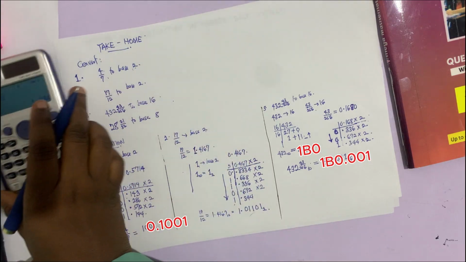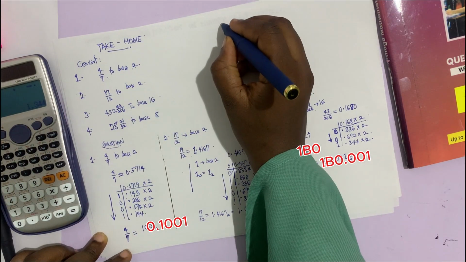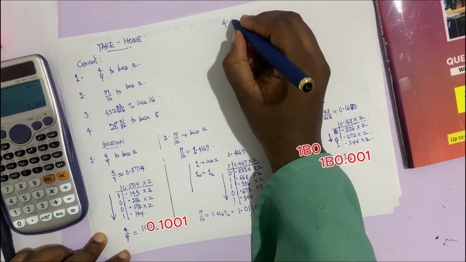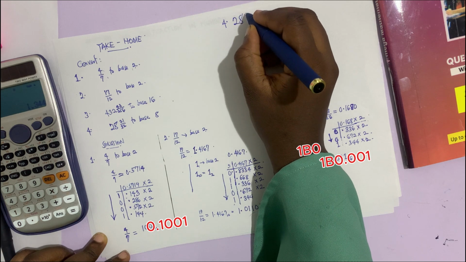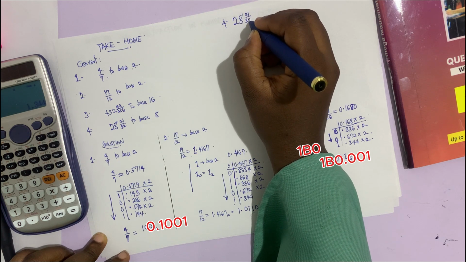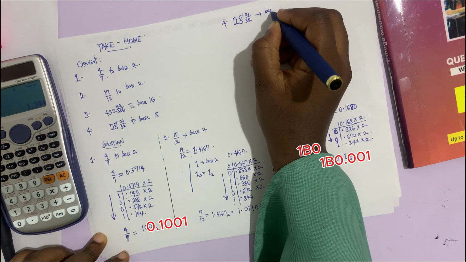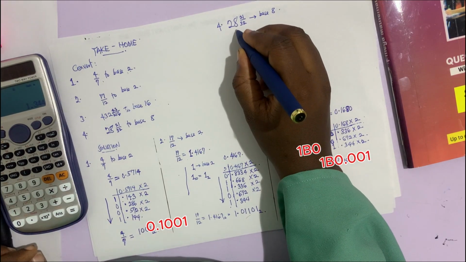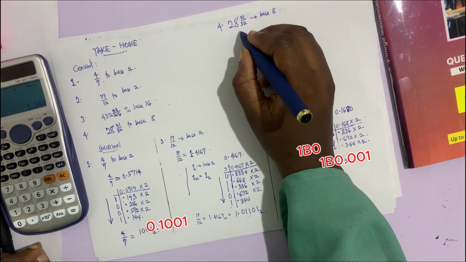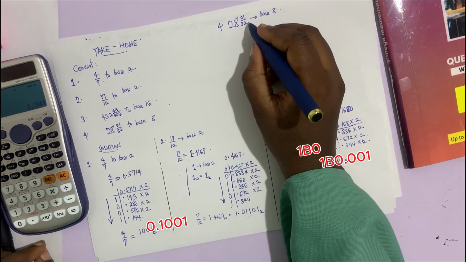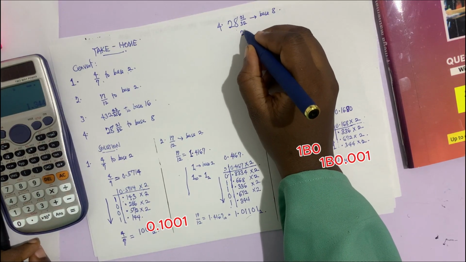And finally, the last question, question 4. We are told to convert 28 whole number 21 over 32 to base 8. So we separate the whole number part from the fraction part, so we treat them separately.